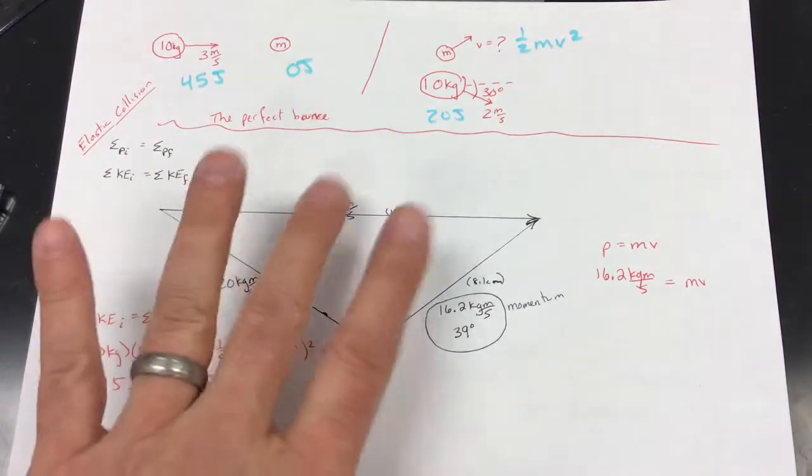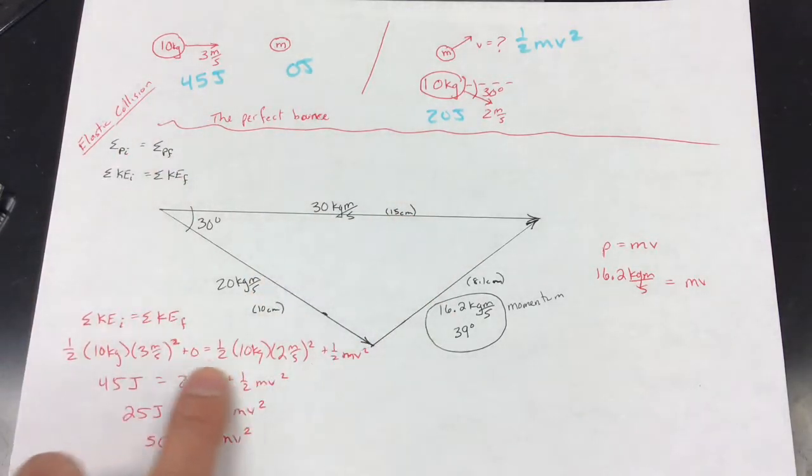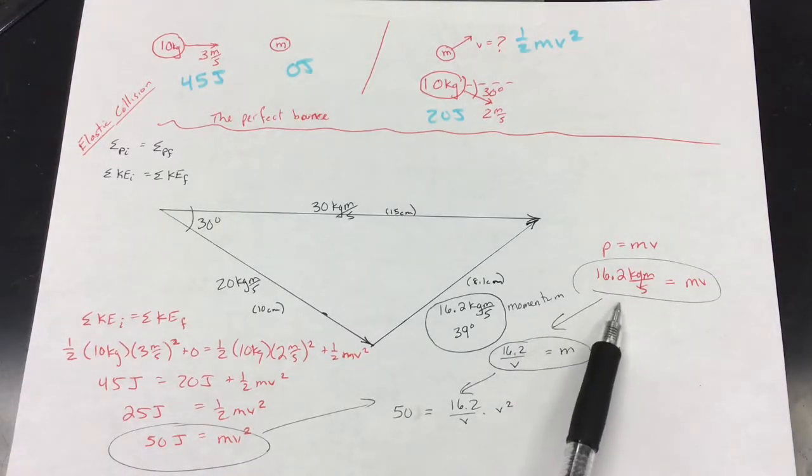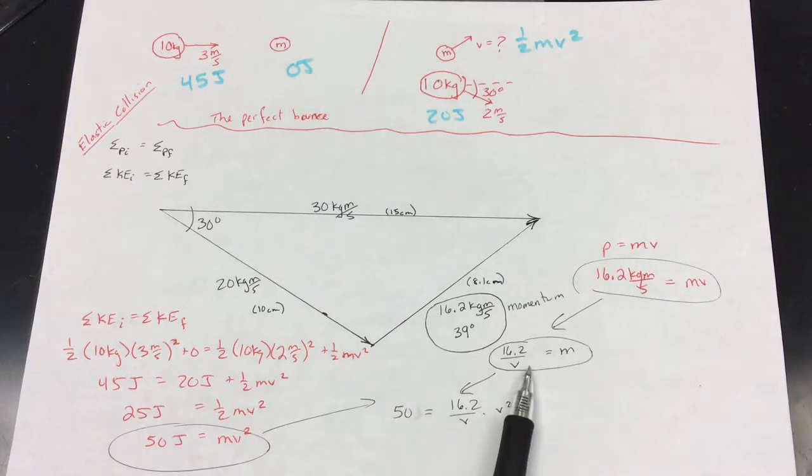If you wanted to eliminate some of the algebra that you see here, because this is annoying for some people, drop the units because you're not actually following them anyway. So solve for mass. Mass is 16.2 divided by v, and then substitute in this equation for the mass. So 16.2 over v goes in for that mass. So 50 is equal to 16.2 over v times v squared.